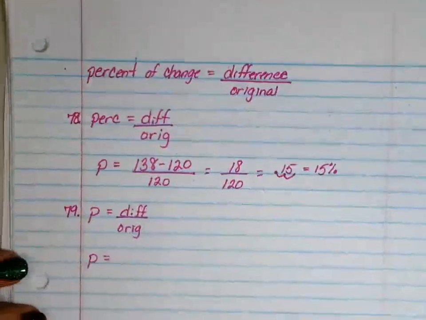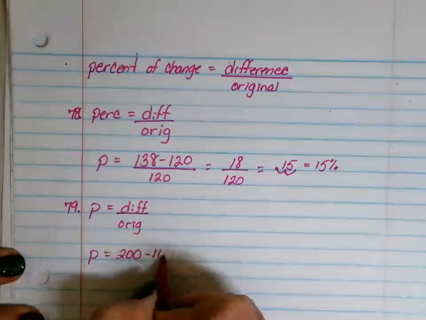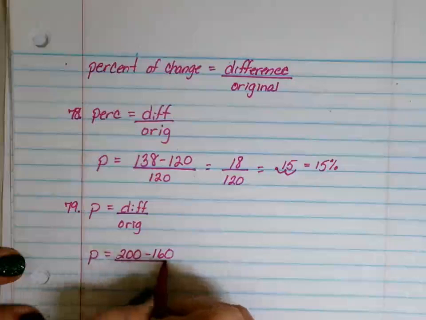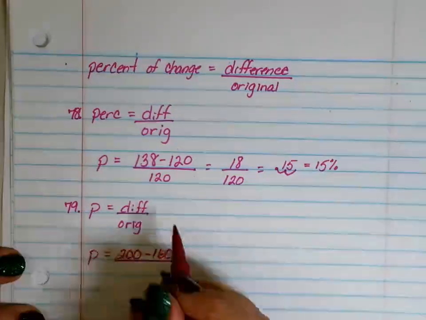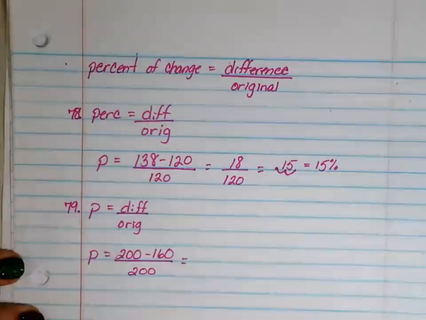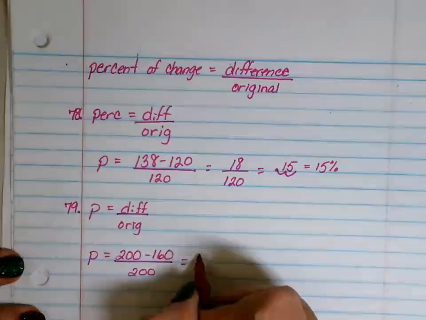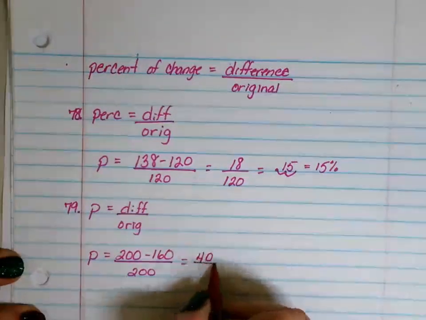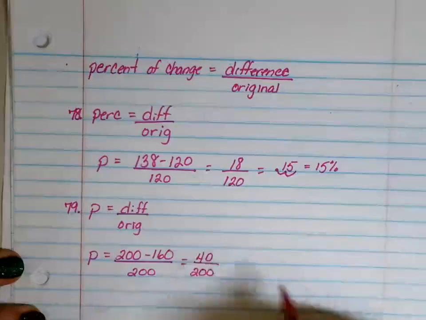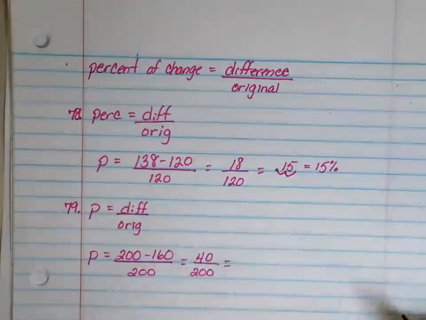So I have 200 minus 160, and what was my original price? 200. So what is 200 minus 160? You shouldn't need a calculator for that. 40. And divide that by 200, and that gives me what? 0.2.